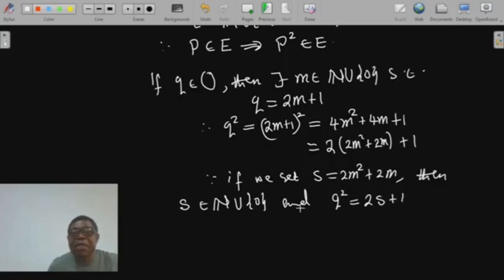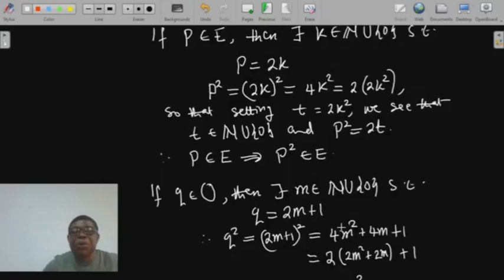This again means that Q squared is an odd number. So what we had is that Q, an odd number, implies that Q squared is also an odd number.